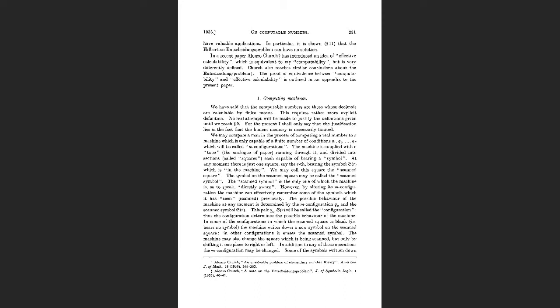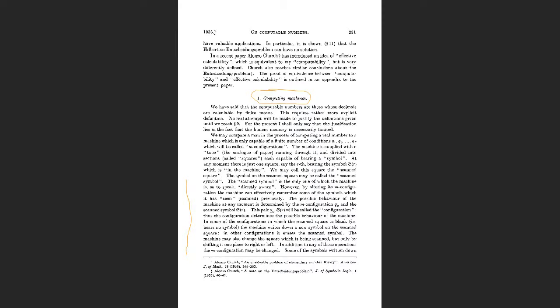So he's going to do this using that model of computation. He's going to define that machine that we now call the Turing machine for the purpose of showing all this stuff about computable numbers and the decision problem. And he's going to set up that machine to be as mathematically simple as possible so that it's easier to do the meta logic on it. So this is all the stuff we've just been talking about.